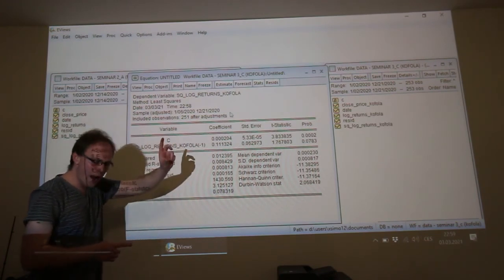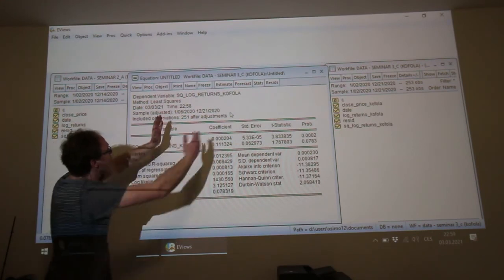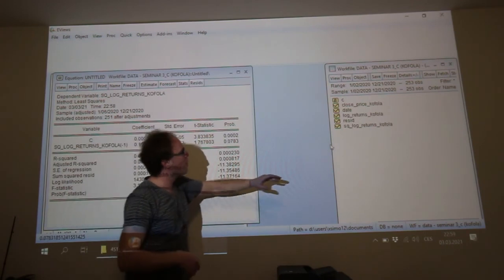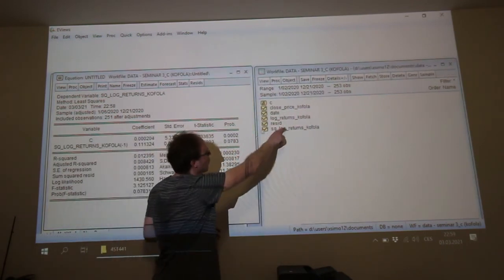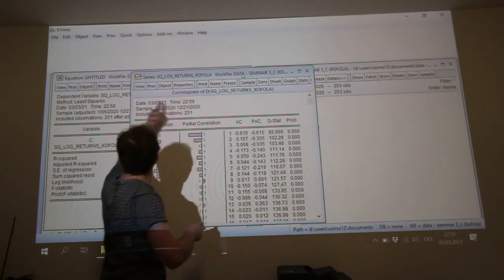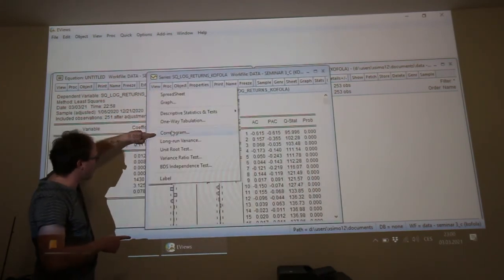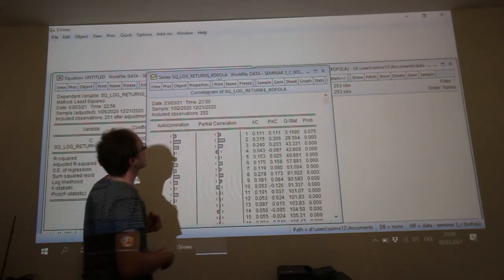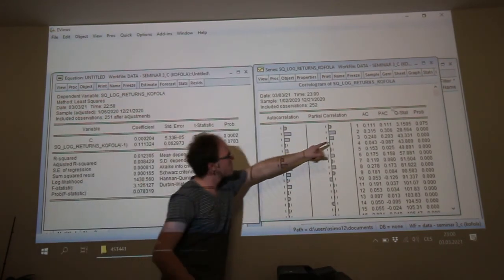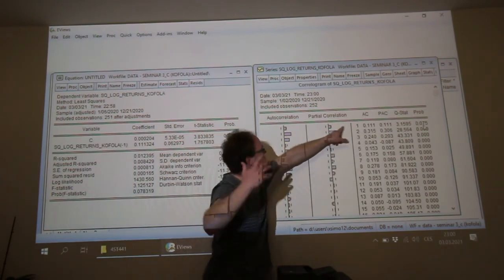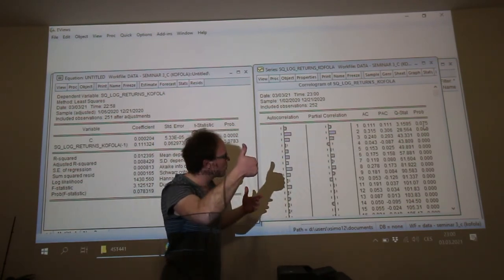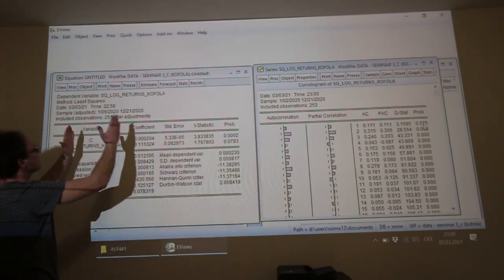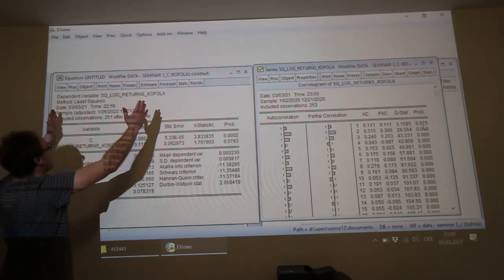We will try one experiment. We can move this table here on the left side, and we will open squared log returns of Cofola. Please click on view button, correlogram of level. Okay, and move this graph on the right side. You can see there is no correlation, no dependence of the first order. We can try to improve this Breusch-Godfrey model.